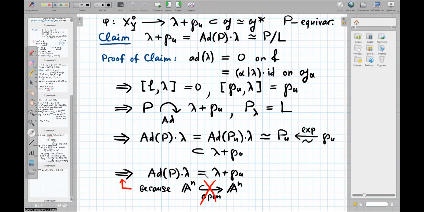The orbit of lambda is the whole lambda plus pu. Since the image of phi is in it, it must be a single orbit. I see. Yes, so what I want to prove is that this shifted subspace is a single orbit. Exactly.